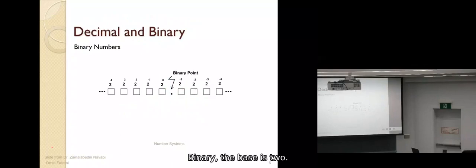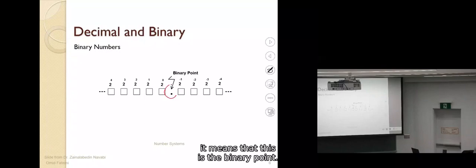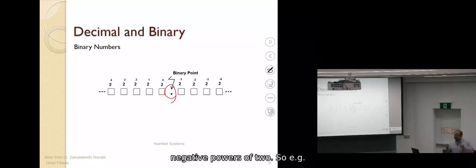Binary, the base is 2. So if the base is 2, it means that this is the binary point. Any digit at the left of the point is weighted with positive powers of 2. And any digit at the right of the point will be weighted by negative powers of 2.